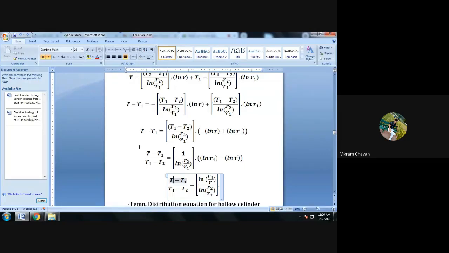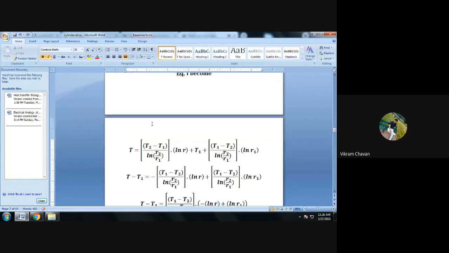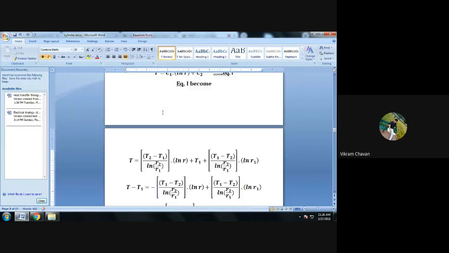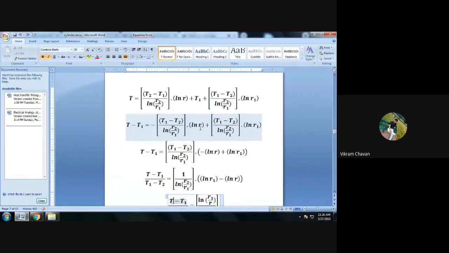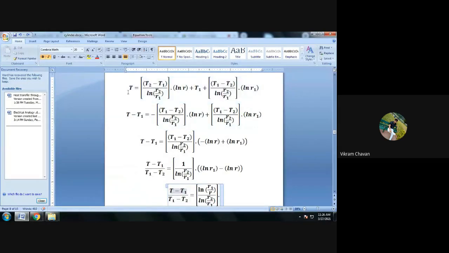Write down. After this, what we have done is put C1 and C2 in equation 1. So equation 1 becomes T is equal to C1 value times ln of R plus C2 value.